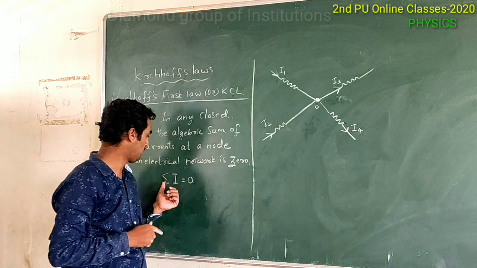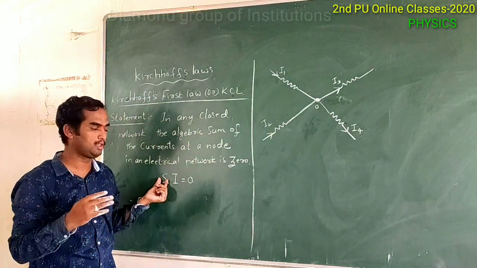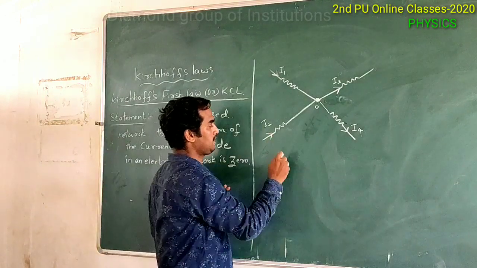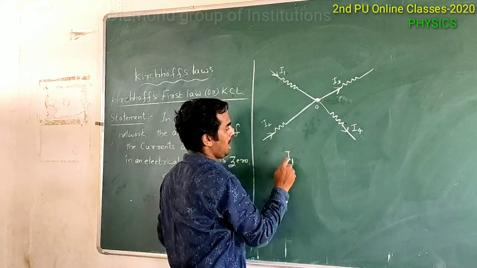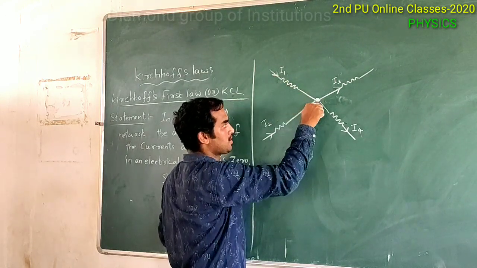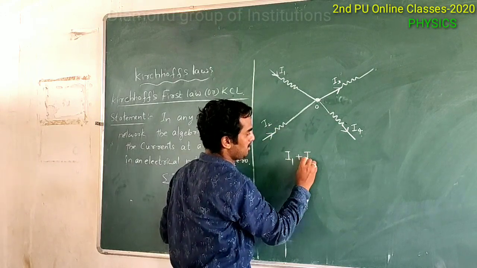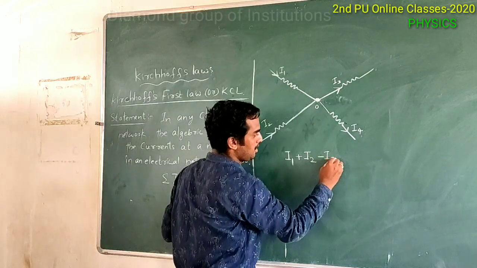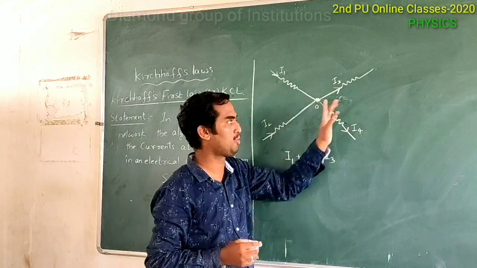So here you can see that the total sum, that means we should add all the currents, should be equal to 0. So we can write this as: I1 is positive because it is towards the junction, I2 is also positive towards the junction, but I3 becomes minus because it is going away from the junction or node.